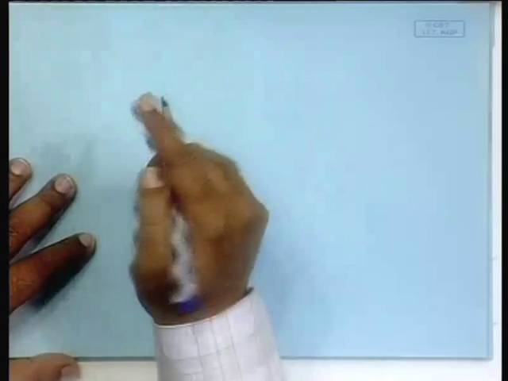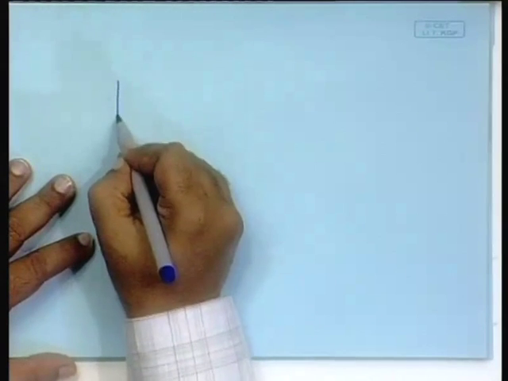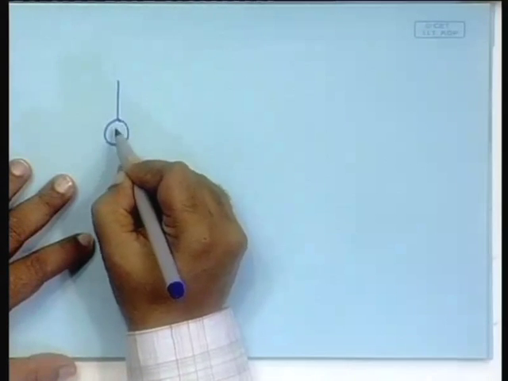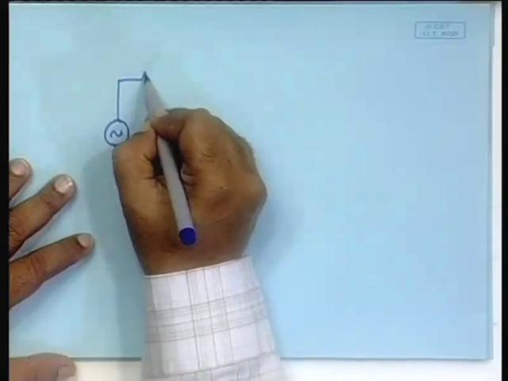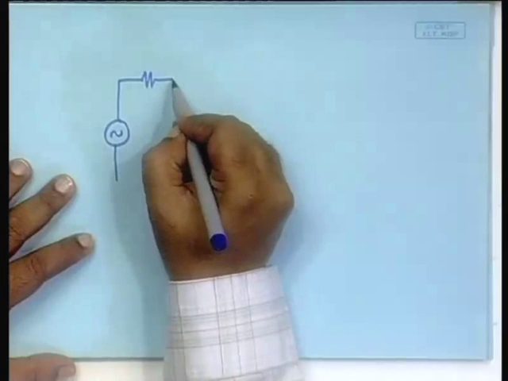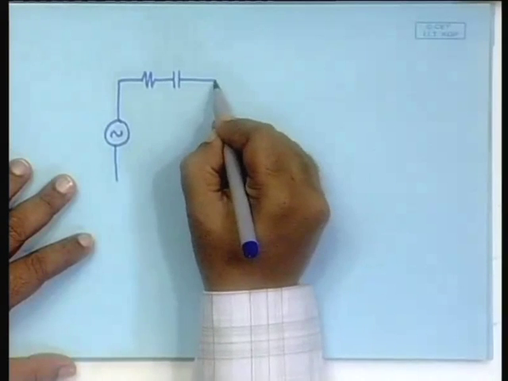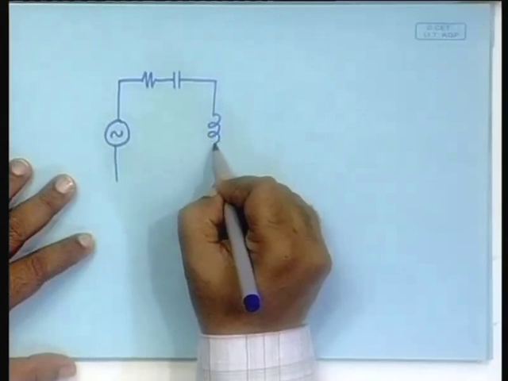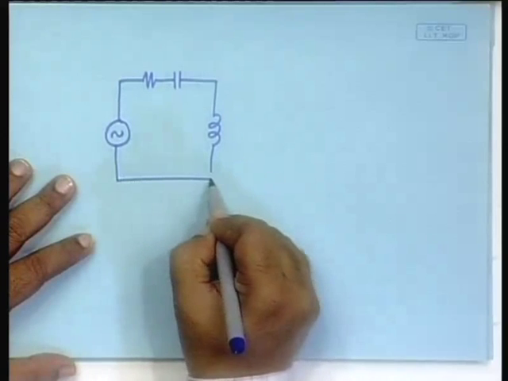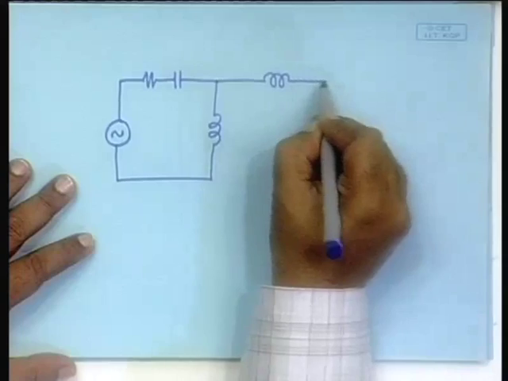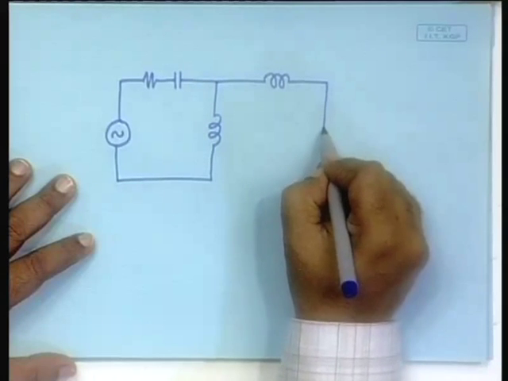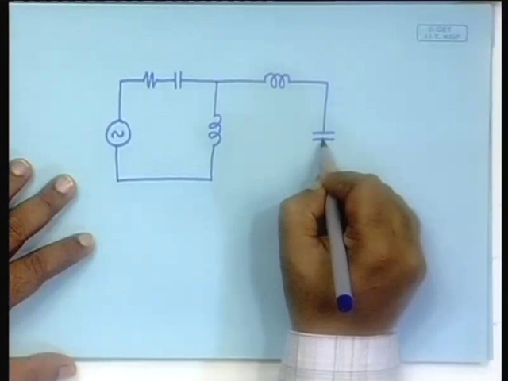2, I will give one electrical circuit to be done using this method. There is a voltage source connected with a resistance and a capacitance, and then an inductor, then again an inductor, and then again a capacitance.